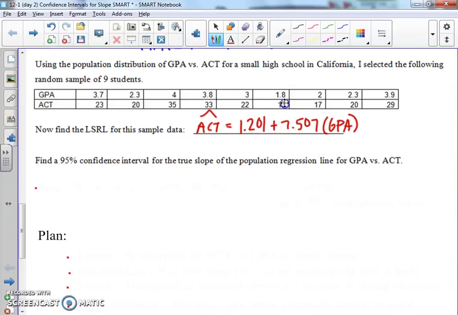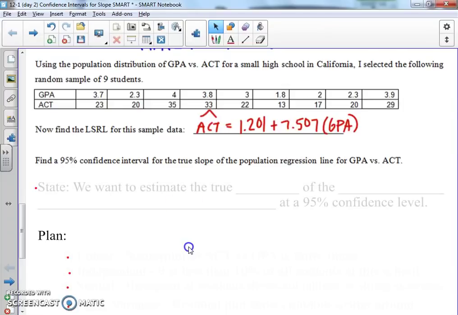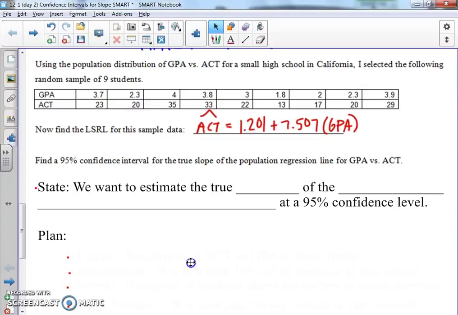So we're going to go ahead and write this to do a full confidence interval. So a 95% confidence interval. I've pre-written out a lot of this. You guys can pause it and rewrite it if I'm going too fast. But remember, we have to start with state. I gave you the blank template. We want to estimate the true blank of the context blank at a 95% confidence level.